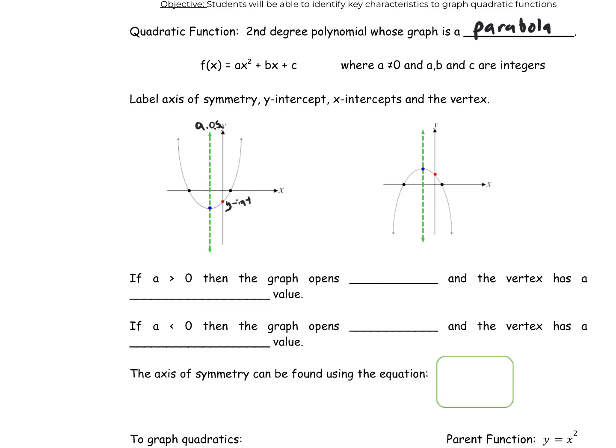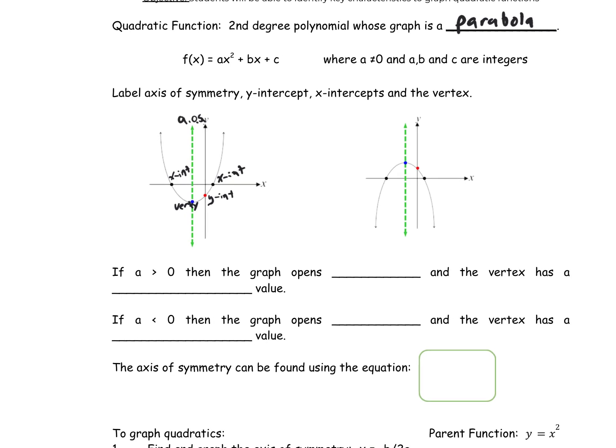The x-intercepts are where the parabola crosses the x-axis, so that would be the black dots here, and there are 2 of them on this left one. And then our vertex is this blue dot at the bottom. And notice the vertex is on the axis of symmetry.